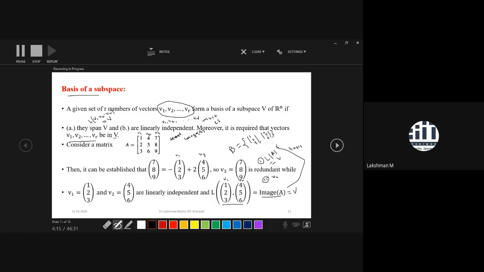I am taking the same example just to keep things unified. So they satisfy both properties of being a basis of a subspace. That's why we say that V1 and V2 form a basis of image A.